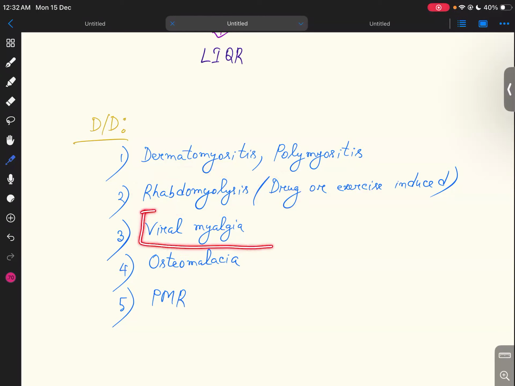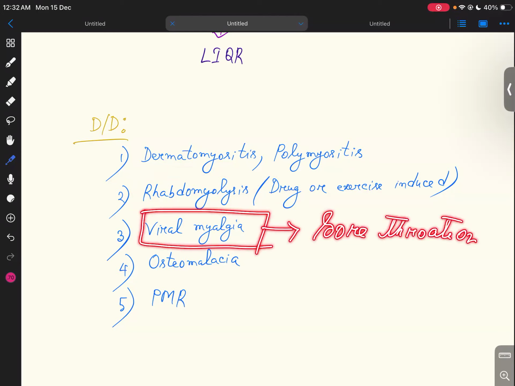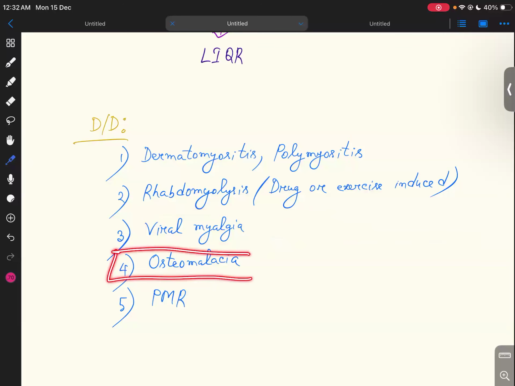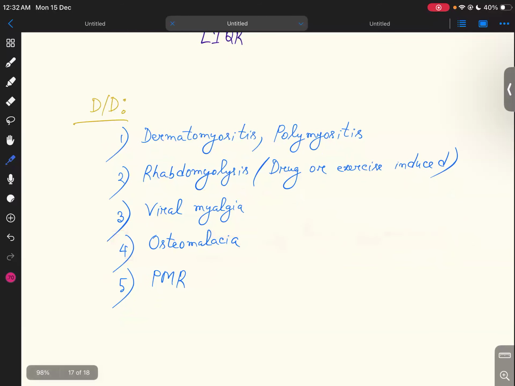Then for viral myalgia, we have to ask, is there any sore throat? For osteomalacia, we have to ask about the sun exposure. And for polymyalgia rheumatica, we have to ask about the stiffness.